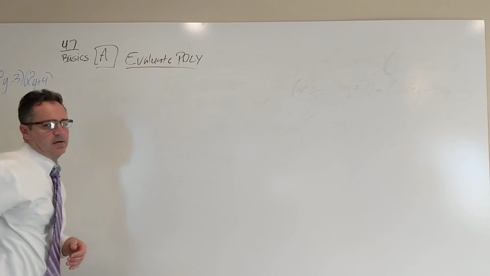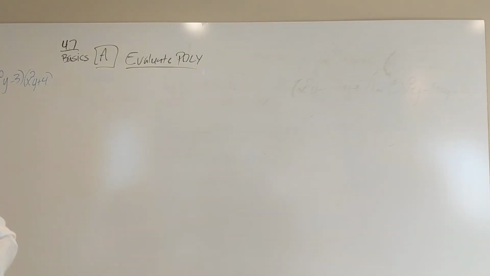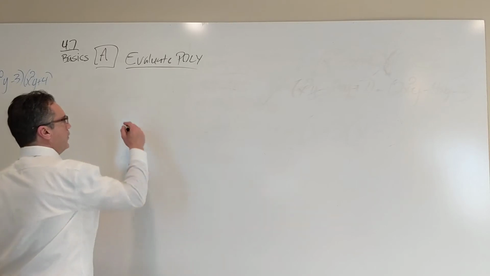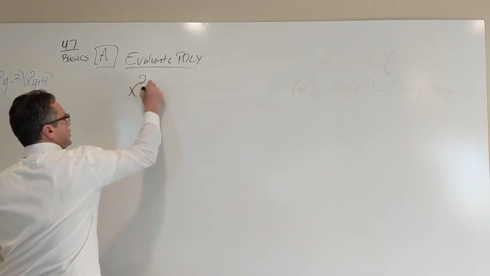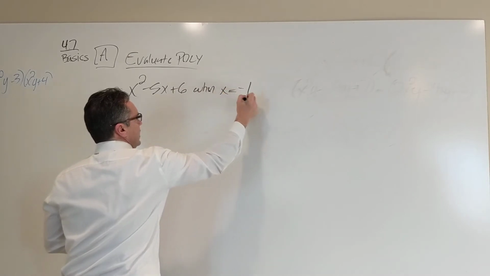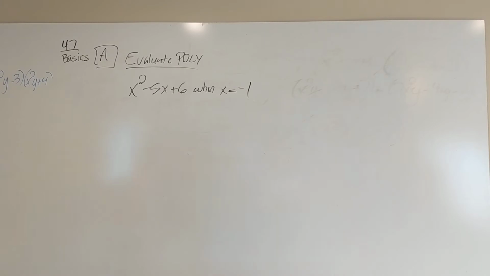In section 4.3, I had you evaluate the polynomial x squared minus 5x plus 6 when x equaled -1, and we plugged that back in. If you remember that, we did that.